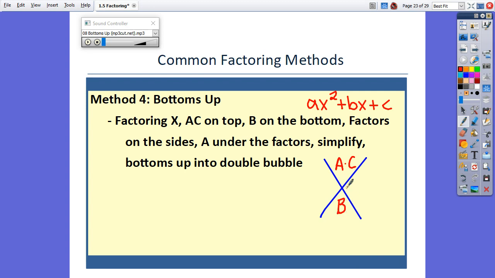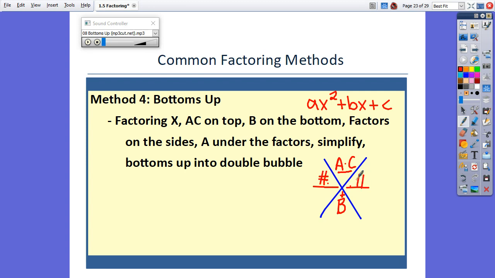Our goal is to figure out what are factors of AC that would add up to be B. So we want to find 2 numbers that multiply to be whatever number we have for A times C, but when we add those 2 numbers, it adds up to be B. So that's what we're looking for, a number and a number.